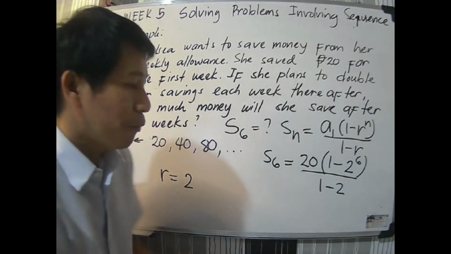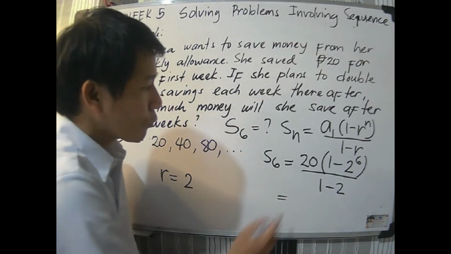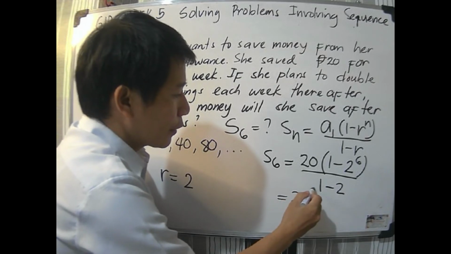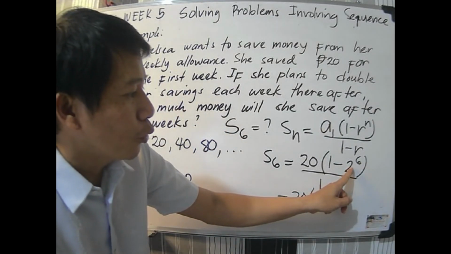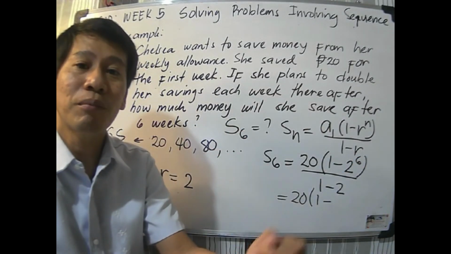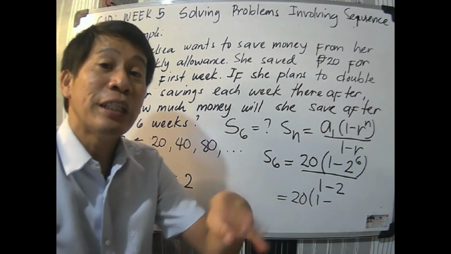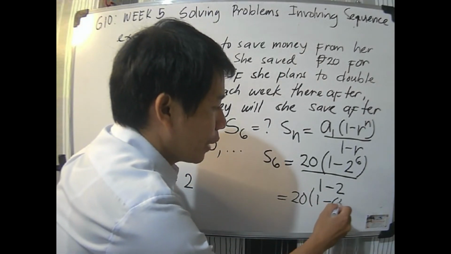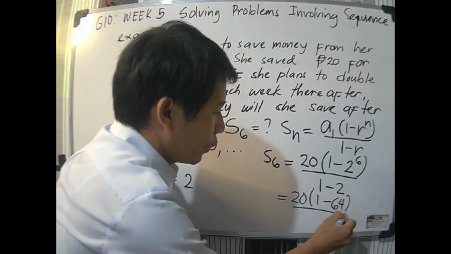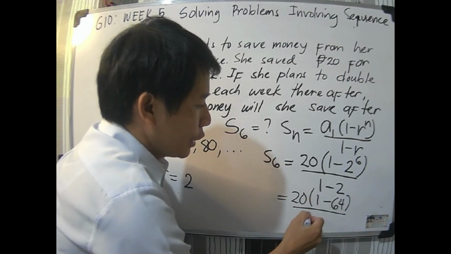So, let us simplify this further, okay? So, we'll have 20 times 1 minus, raise muna natin yung 2 raised to 6. So, 2 raised to 6 means 2 times 2 times 2, 6 times. And the answer is 64. Right? Okay? All over 1 minus 2 is negative 1.